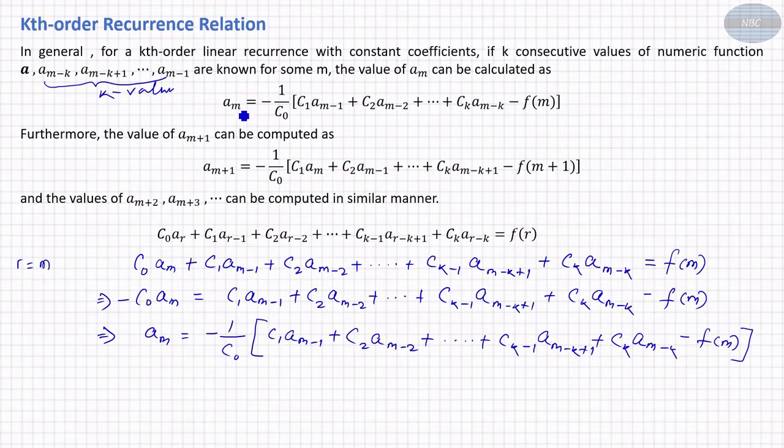For this we use the previous k values which are already calculated. In this way we can calculate the values of a_{m+2}, a_{m+3}, and so on.